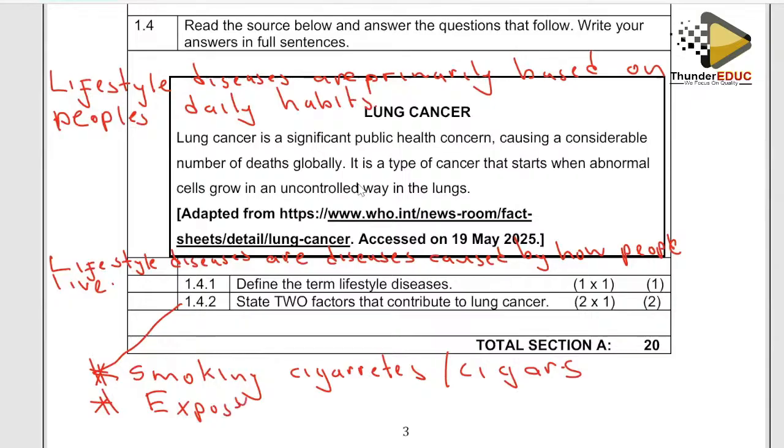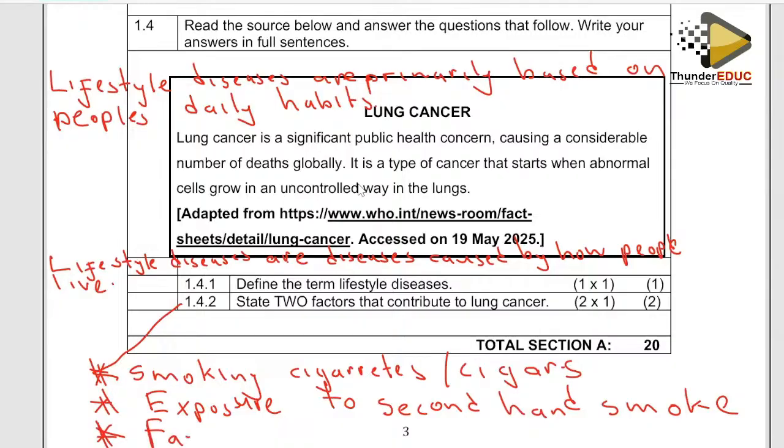Even though you are not a smoker, if you are continuously exposed to secondhand smoke from active smokers, that is a serious concern. Then you can also say family history of lung cancer. If it runs in the family, it can also be another factor.